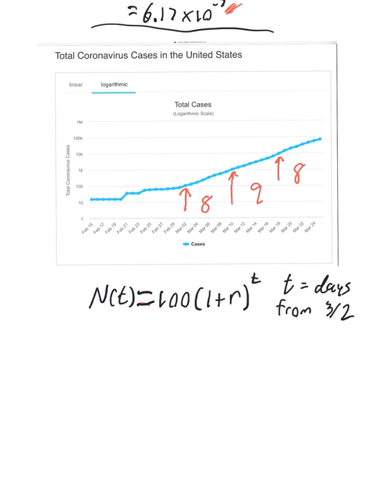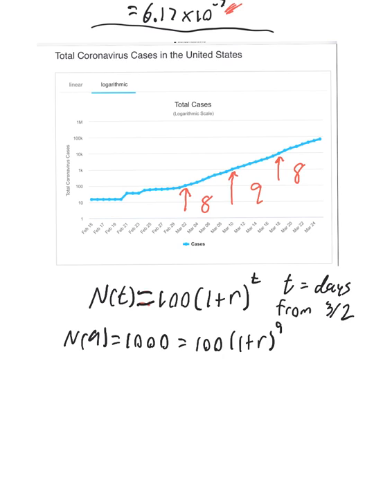Now, let's use 9 days. In 9 days, we're going to have 1,000 cases. So N of 9 we're estimating to be 1,000. That's going to be equal to 100 times (1 plus r) to the 9th, since we're assuming 9 days.